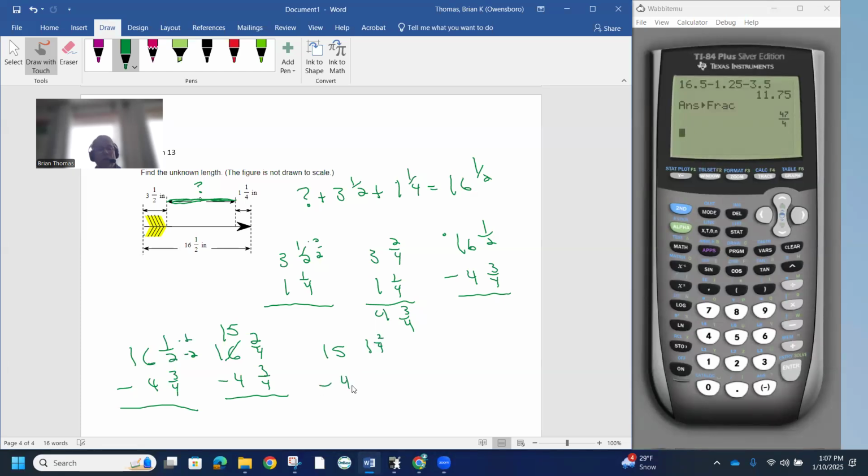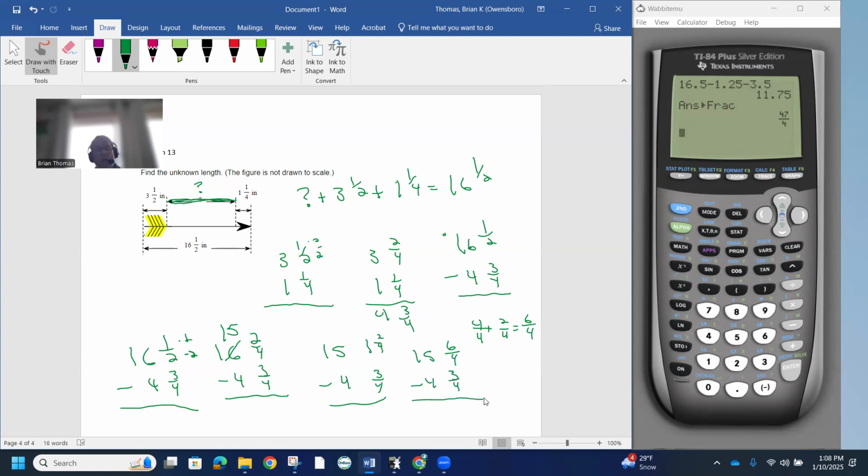And then you're subtracting this 4 and 3/4. But this 1 and 2/4 has to look like a fraction. So how many fourths are actually present? Remember, 1 stands for 4/4. And if you add 2 more fourths, 1 and 2/4 is actually 6/4. So this turns into 15 and 6/4 minus this 4 and 3/4.